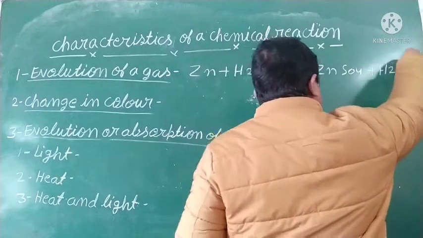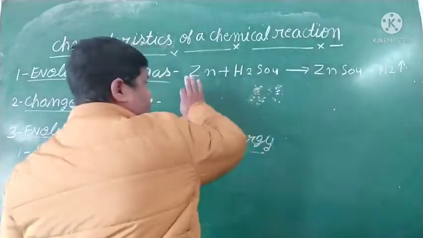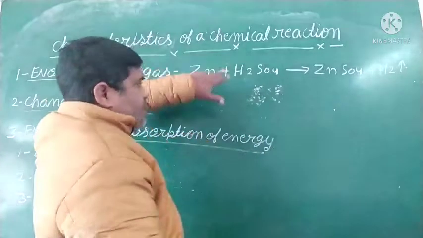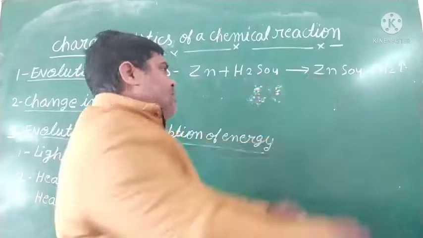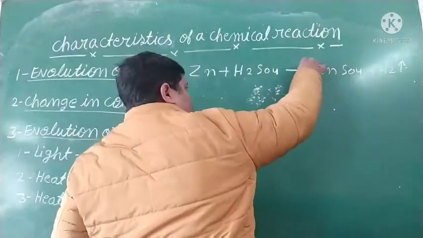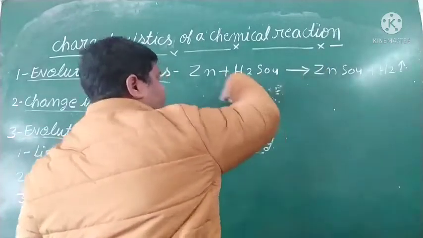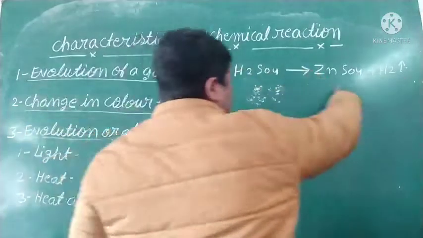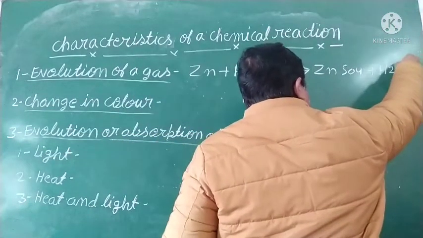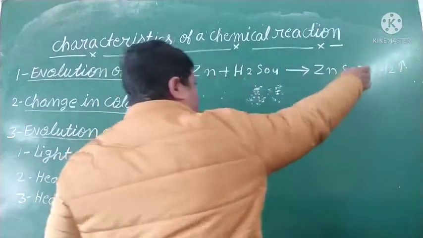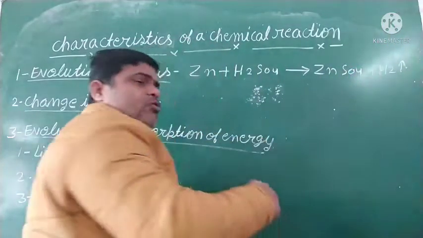In the last video, we already said that if there are two or more things in the reactants, we add them with the plus sign. This single-headed arrow means gives. This is the reactant and this is the product. And this upward arrow means the gas is released upward. Hydrogen is the gas.